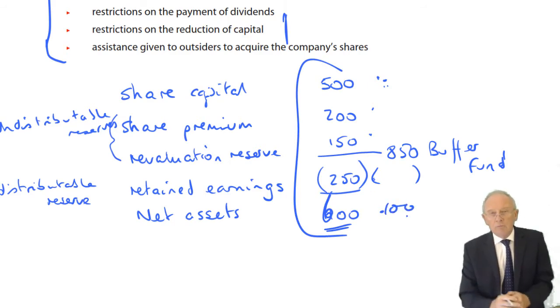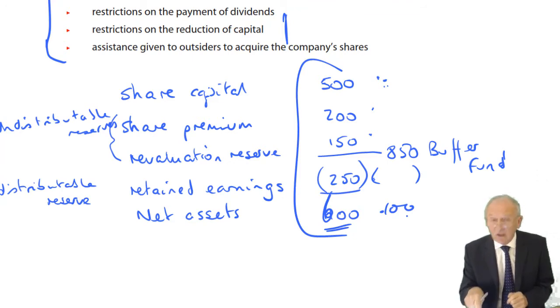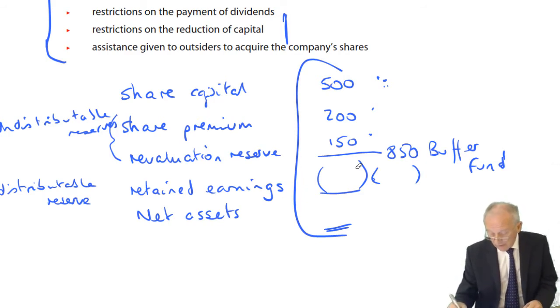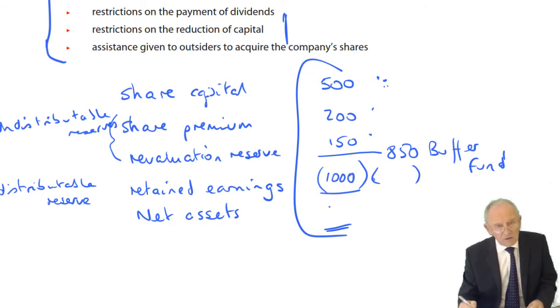So my poor old payables, my creditors, are really suffering a bit there. They're on tenterhooks as to whether or not they're going to be paid. Remember, this is net assets, so there will be assets available. But now I'm going to change it again. What happens if we've got an accumulated deficit of 1,000, retained earnings of 1,000 negative?